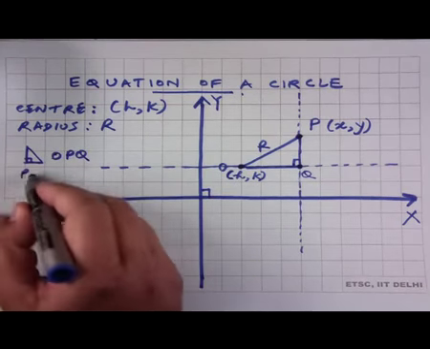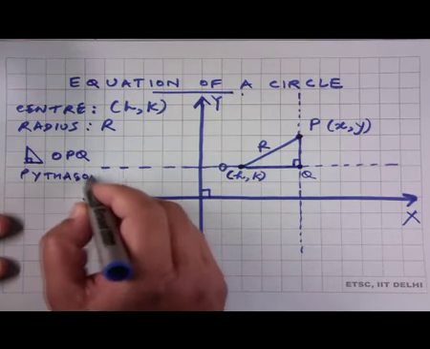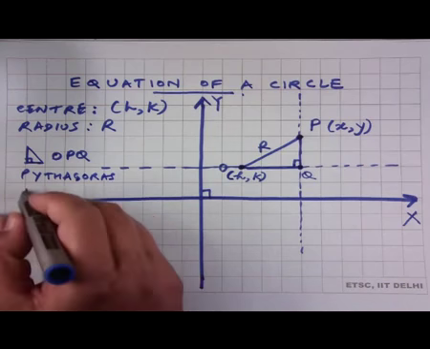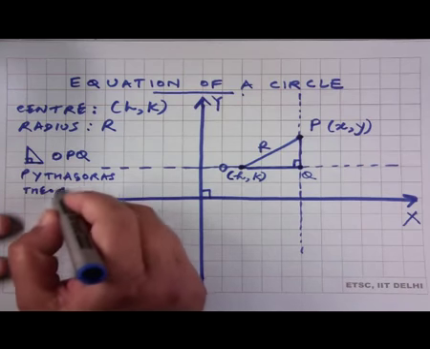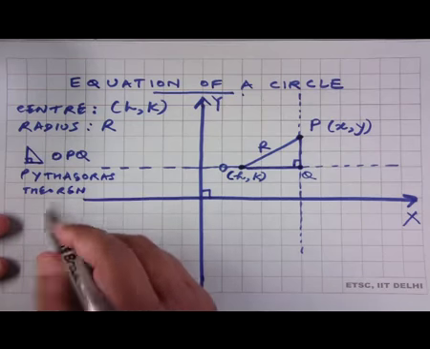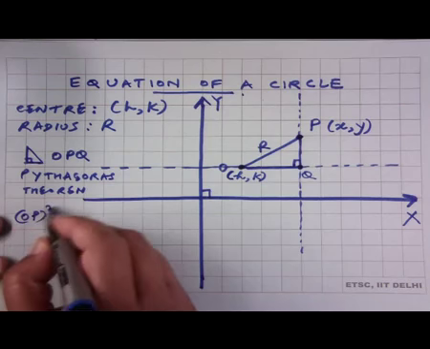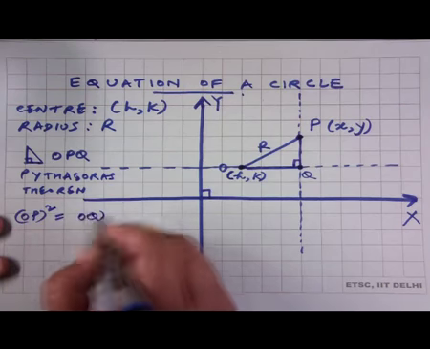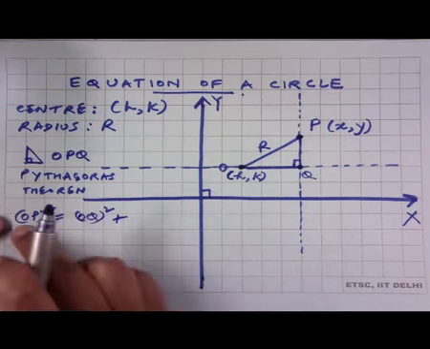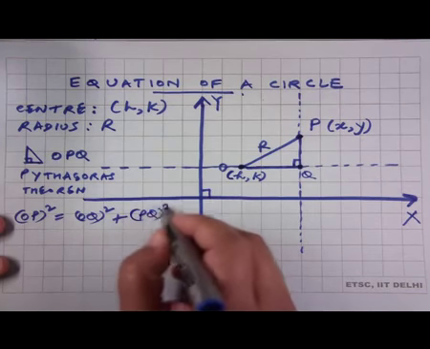Now from the Pythagoras theorem, it follows that OP square is equal to OQ square plus PQ square.